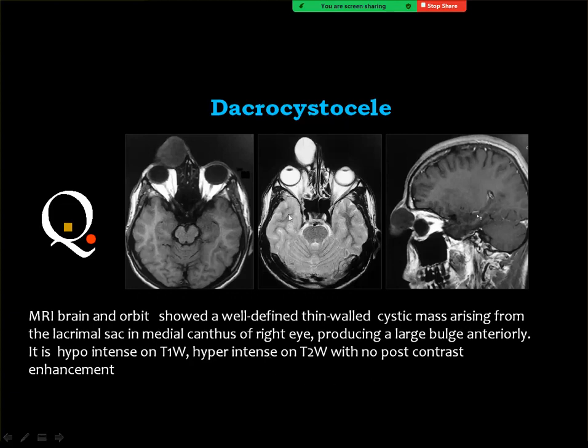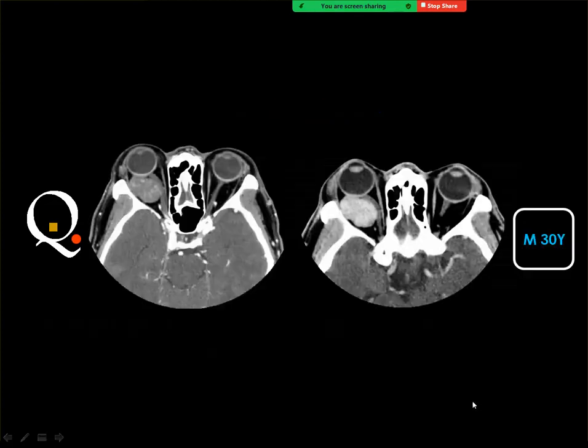And of course, orbital dermoid and epidermoid occur either at the inner canthus or the outer canthus of the globe. But if the lesion is intimately related to the region of the nasolacrimal duct, then you should include this possibility in the differential diagnosis.